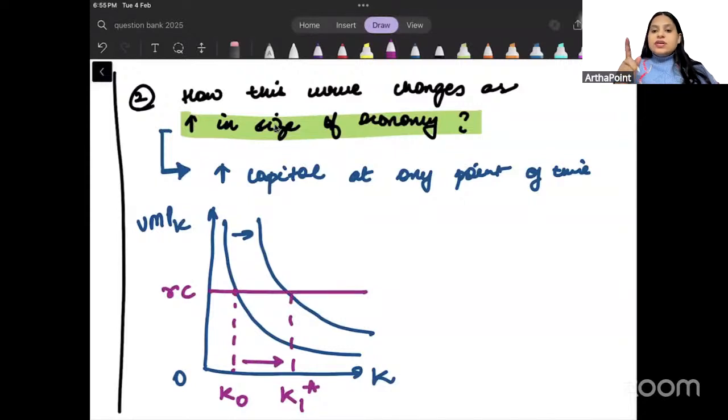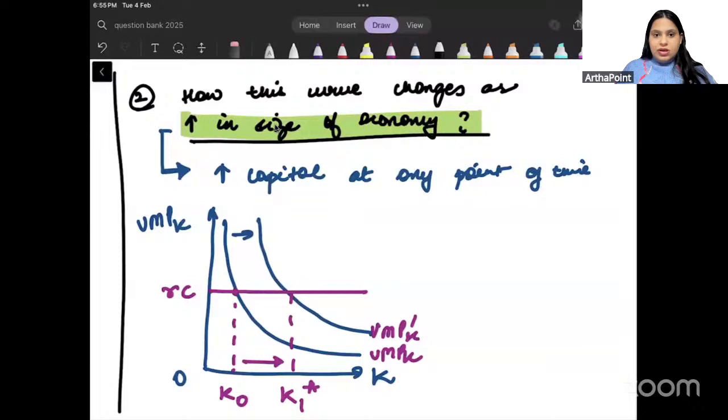So whenever ये हमारे marginal product curves हैं, VMPK curves, whenever there is increase in the size of the economy, we would require more desired capital stock. अब ये चीजें they can ask you in various ways. ठीक है, they can go ahead and ask you कि what will happen when there is increase in taxes.